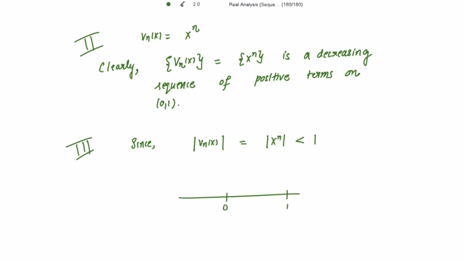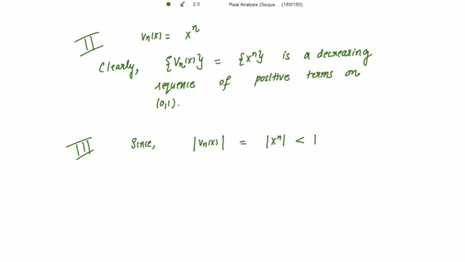If still it is not clear to you, I am explaining this on the number line. So this is your interval from 0 to 1. You can pick any x from here. Let's say that x is equal to 1 divided by 2, and take any natural number, let's say n is equal to 2. So what is x to the power n? It is (1/2) to the power 2, that is equal to 1 divided by 4, which is strictly less than 1. That is what I have said over here.